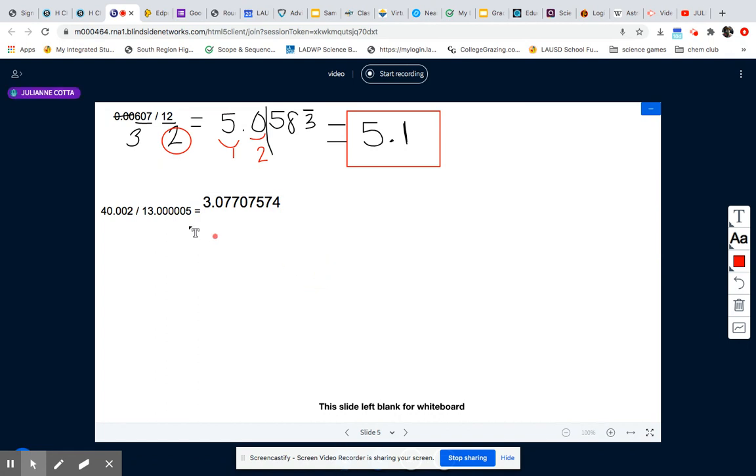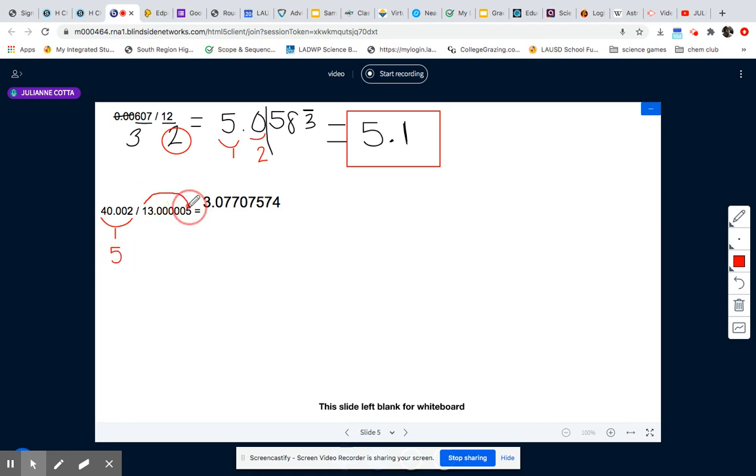Okay, so there's the answer in the calculator, but I need to look at how many significant digits I have. Let's look first at 40.002. The 4 and the 2 are trapping all those zeros in. If there's a number that's not 0 on both ends, then all those numbers are trapped and they're all significant. So this one has 5 significant digits or figures.